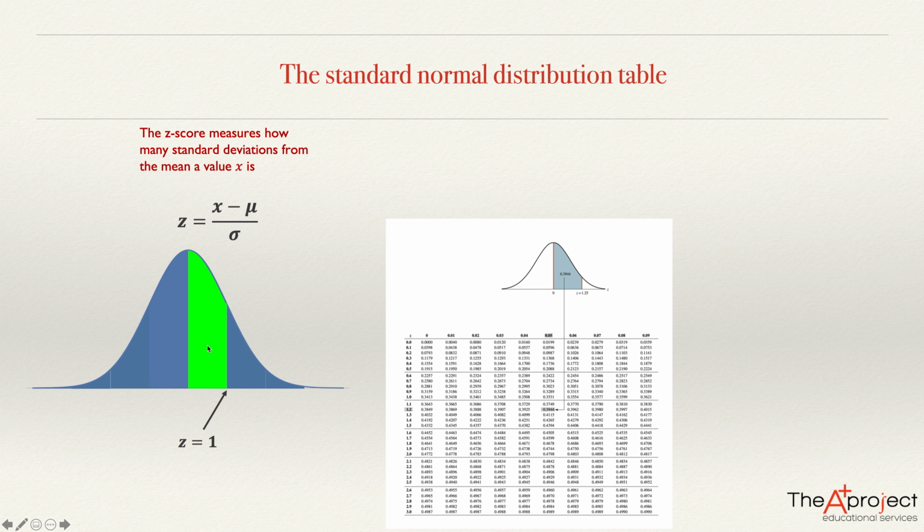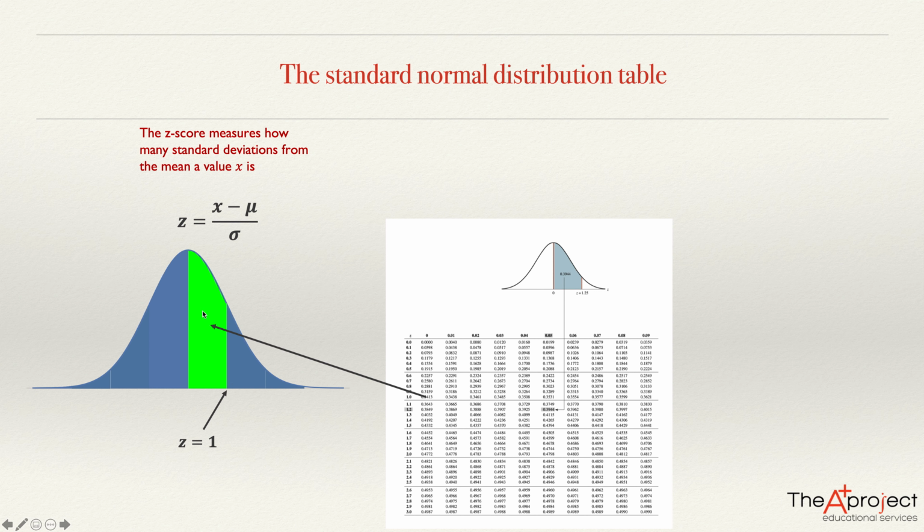If we want to know this area, the only thing we need to do is look at the table, go to number 1. Number 1 is here, and beside this number 1 will be the area. This green area gives me the area between 1 and 0. This is the mean, whose z-score is 0. So the area here is 0.3413. It is also the distance, in standard deviations, between this value and the mean.